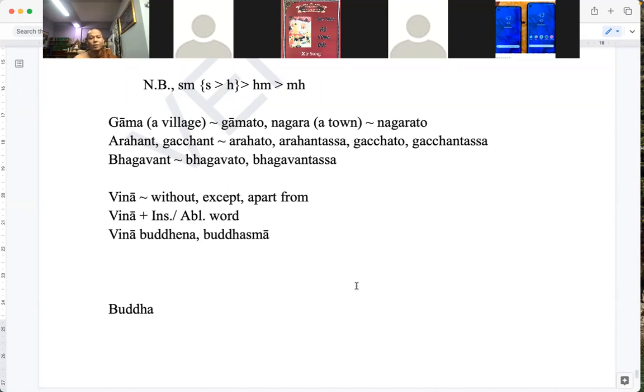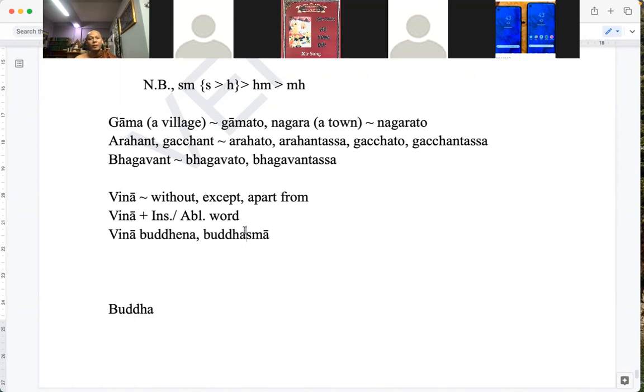Bodhasma or Bodhasma is okay, no problem. Maybe because of the double consonant here, commonly we stress here, Bodhasma, not Bodhasma. But Bodhasma is also okay. In this way we pronounce. Okay, thank you, Bante.